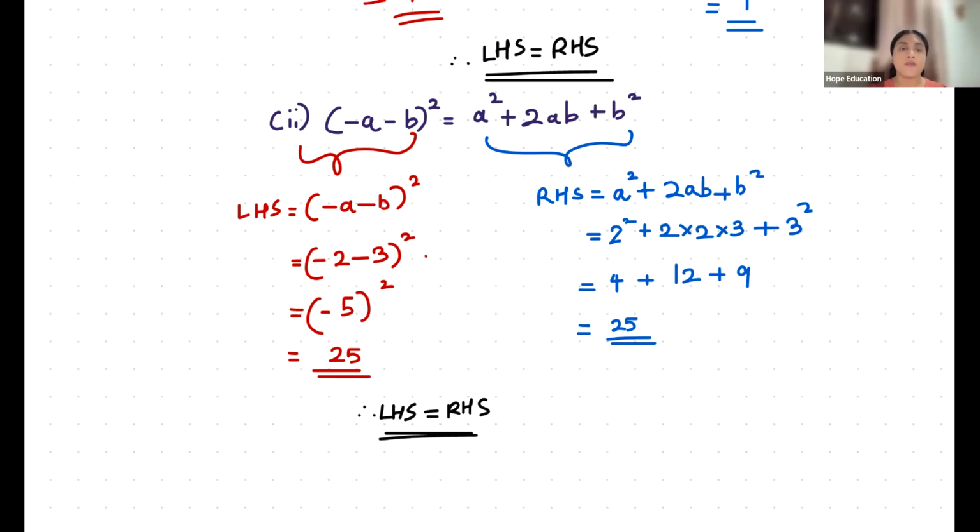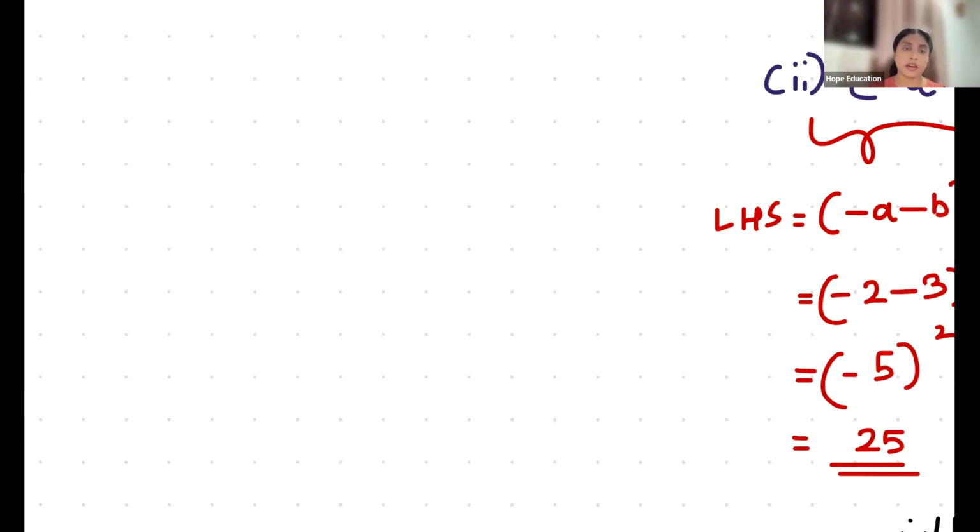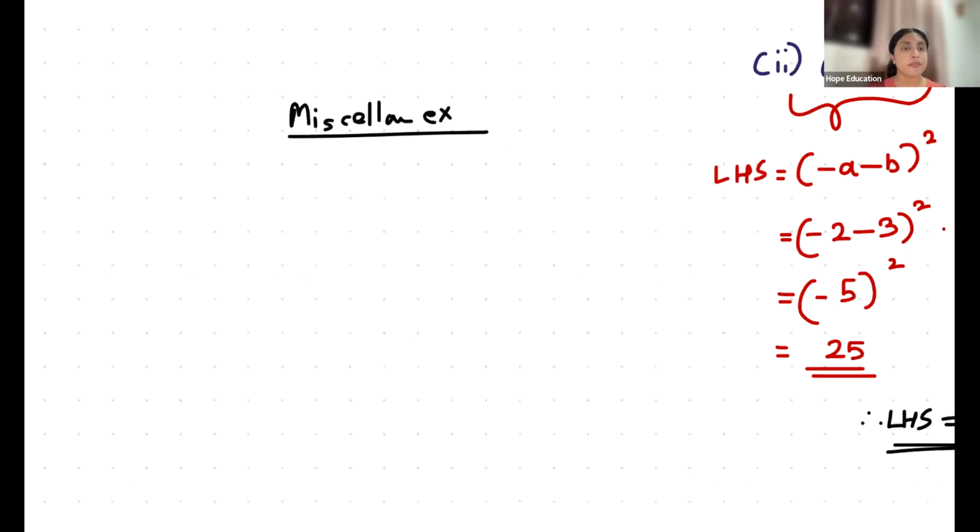But mark today's homework. In the miscellaneous exercise, I didn't give any homework, no? That's surprising. Must be because I have given you too many in exercise 4.2. So miscellaneous exercise, mark the homework. First question, Roman number 4.